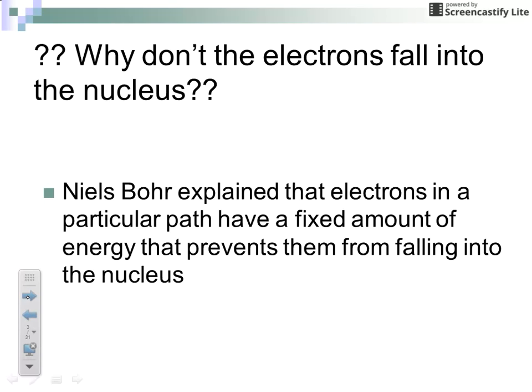If you have a positive nucleus surrounded by a negatively charged electron cloud, then why don't the electrons get sucked into the nucleus and fall into the nucleus? Well, Niels Bohr was the scientist that gave us an explanation of that. Niels Bohr explained that electrons in a particular pathway have a fixed amount of energy, and that is what prevents them from falling into the nucleus.